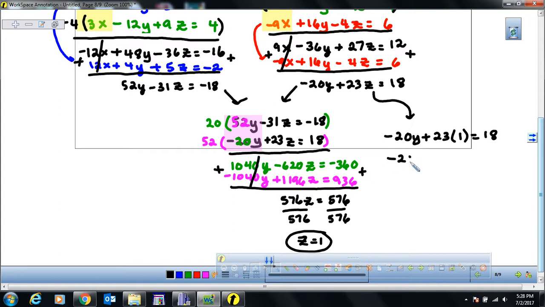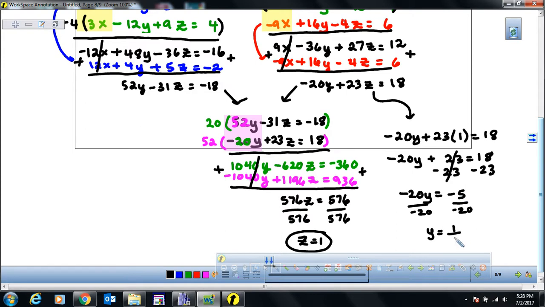So that's negative 20y plus 23 equals 18. I subtract 23 from both sides, and that gives me negative 20y equals negative 5. Then if I divide both sides by negative 20, negative 5 cannot be divided evenly by negative 20, but we can reduce it to 1/4. So y is equal to 1/4.